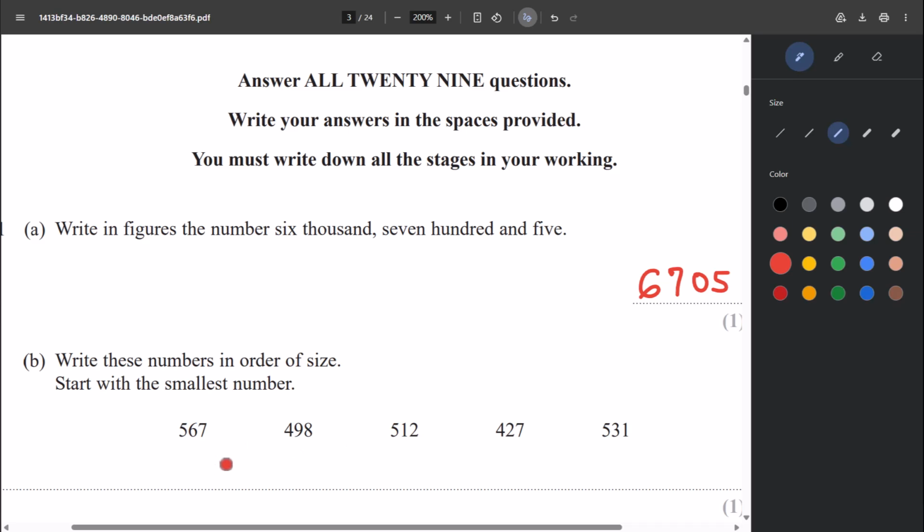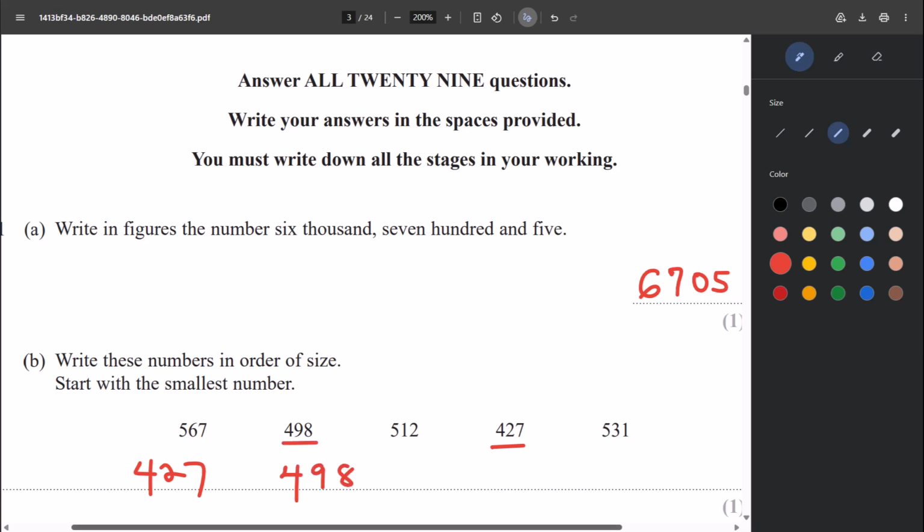And number 2 says write these numbers in their order of size. We start from the smallest number. Looking at the numbers here, you could see that the smallest number will be 427. So this number has been taken. And the next bigger number will be 498.